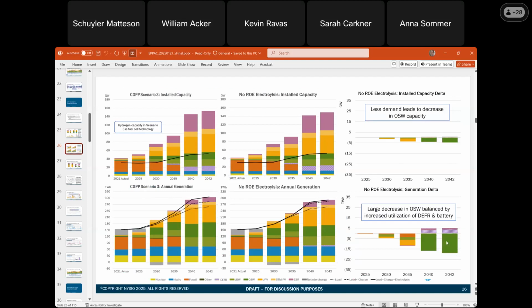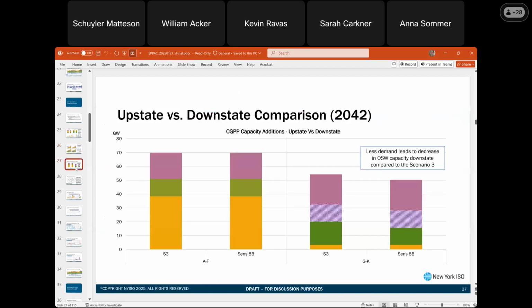But there is some addition of defer and battery generation to make up for some gaps where the offshore wind is removed. And here's where we can see the upstate versus downstate comparison, again, primarily looking at that decrease in offshore wind capacity downstate.